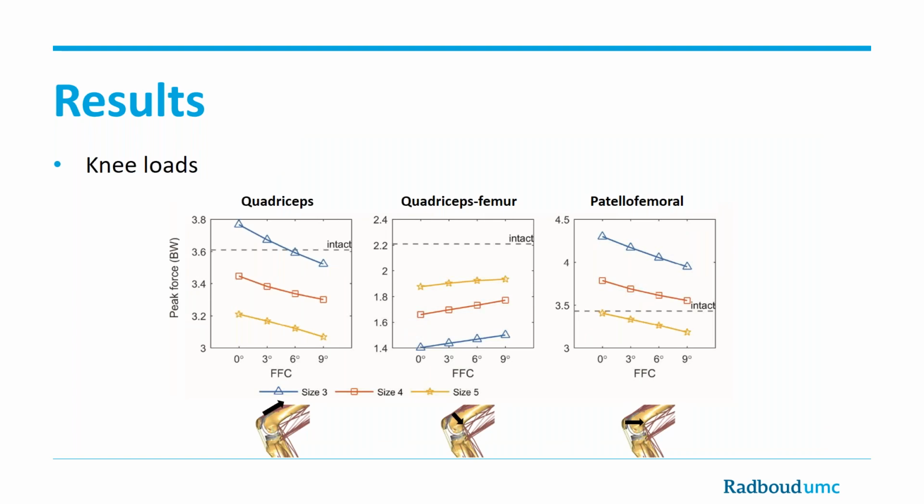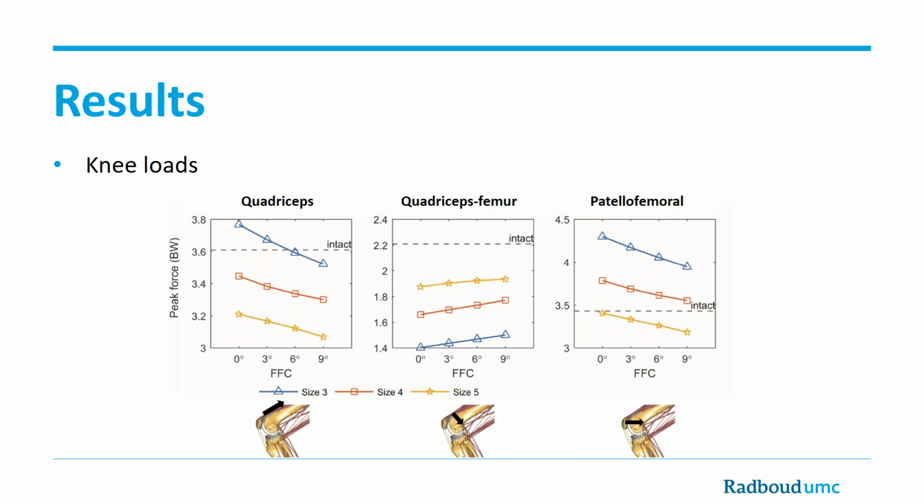Finally, we also looked at the knee loads, similarly to the tibial slope study. We see that quadriceps force decreased with more flexion, which is desirable because it means basically that the patient can perform the same motion task with less muscle effort. We looked at the quadriceps-femur force, so the force exchanged between the quadriceps tendon and the femur directly by wrapping.